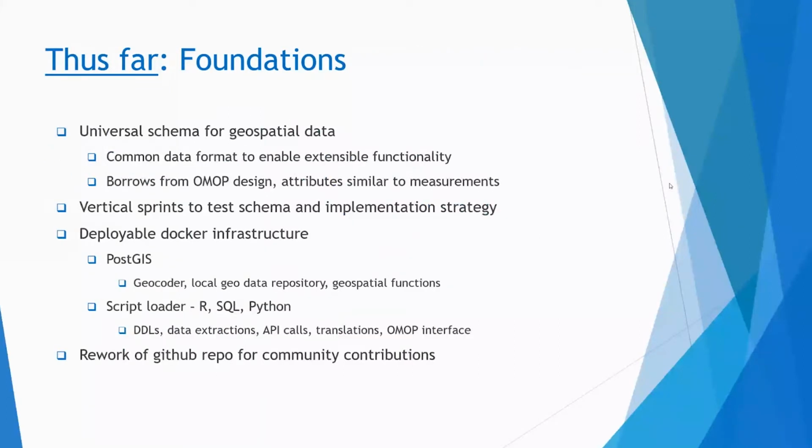Thus far, the biggest piece that we have been working on was the schema. So there's a schema to represent any geospatial data we've come across thus far in a common format, almost like a geospatial CDM. That way we can leverage the same functionality, it doesn't matter what data set you have in there, whether it's EPA data or census data or whatever.